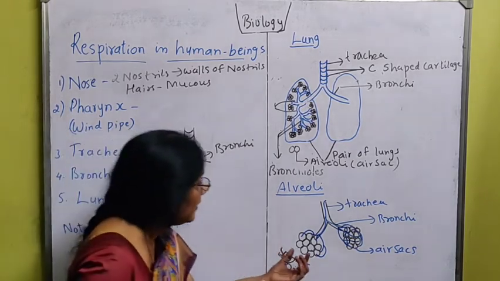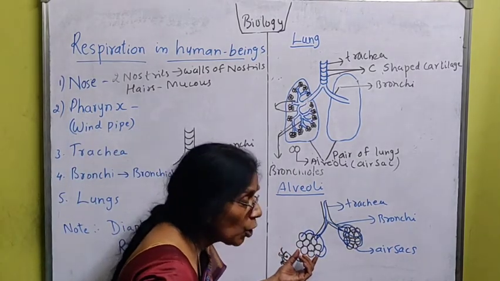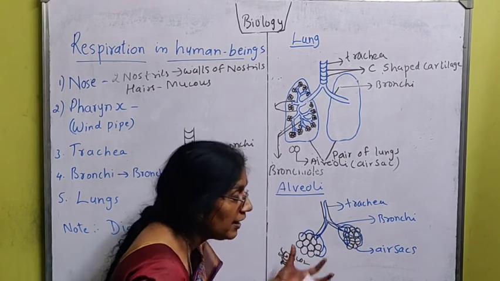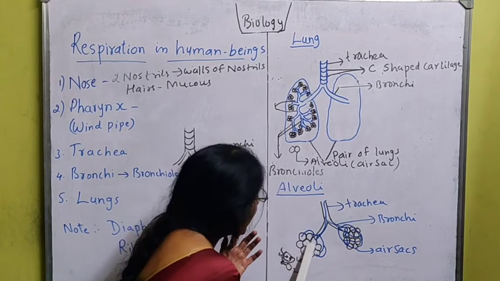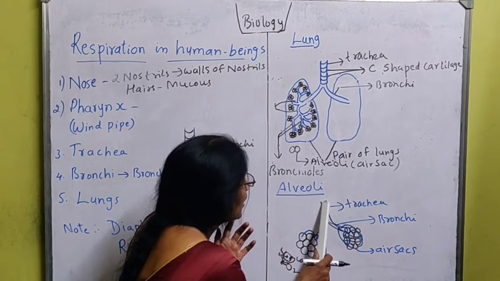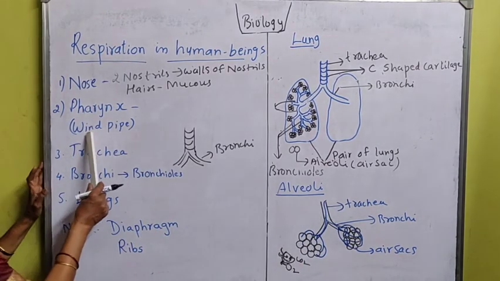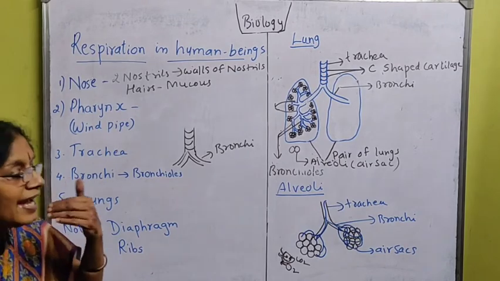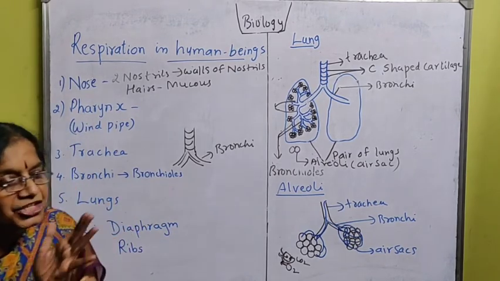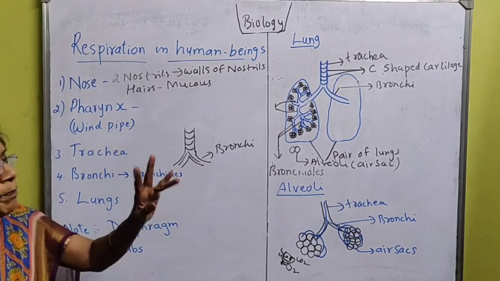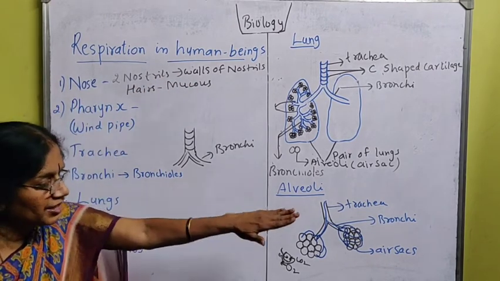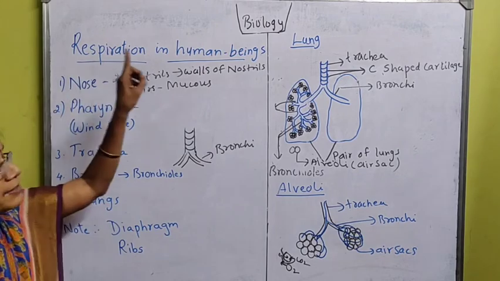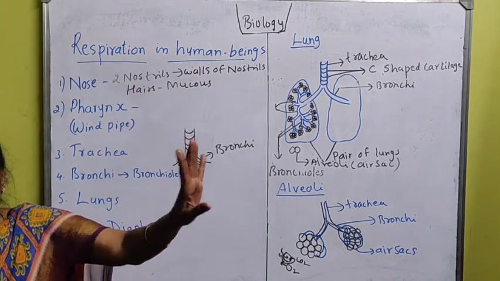Whatever impure air is collected in the alveoli, as the alveoli contract, pressure develops and it passes through the bronchi, through the trachea, comes to the windpipe, and through the nose it is exhaled out. That is exhalation. So these are the two parts of respiration in human beings: inhalation and exhalation. This is how respiration in human beings takes place.